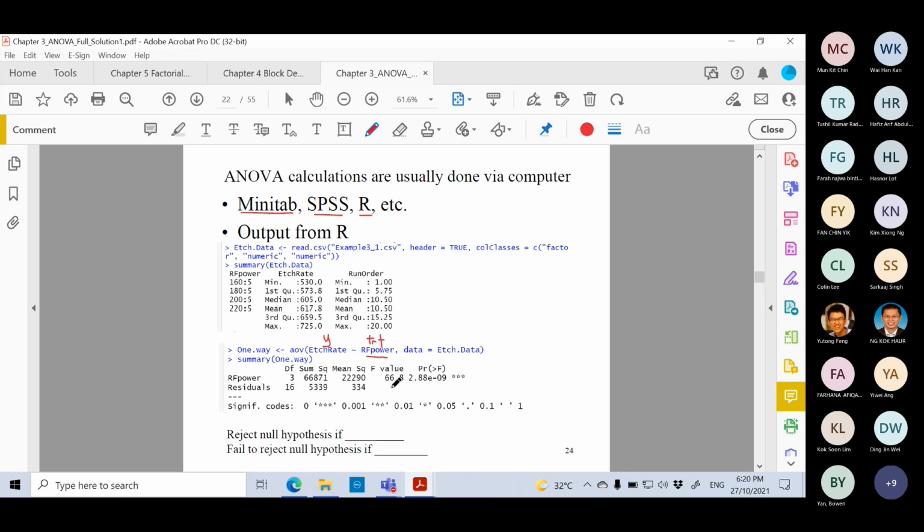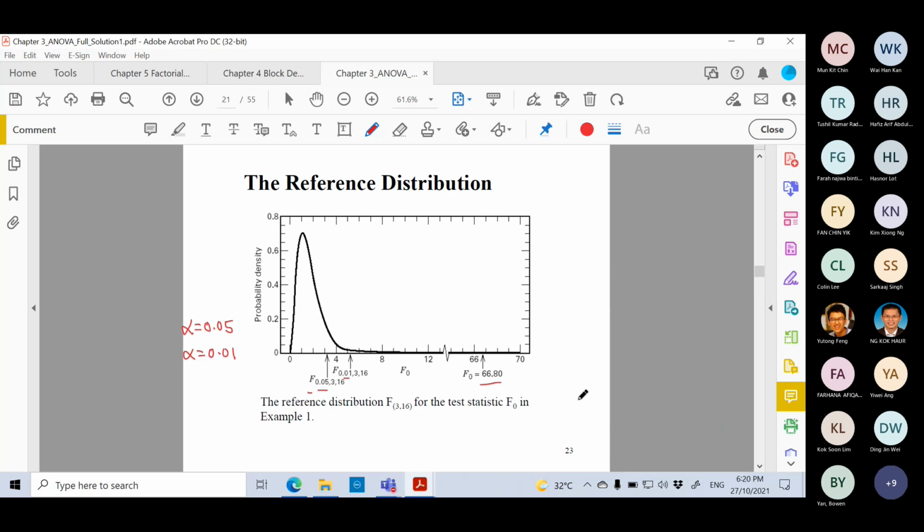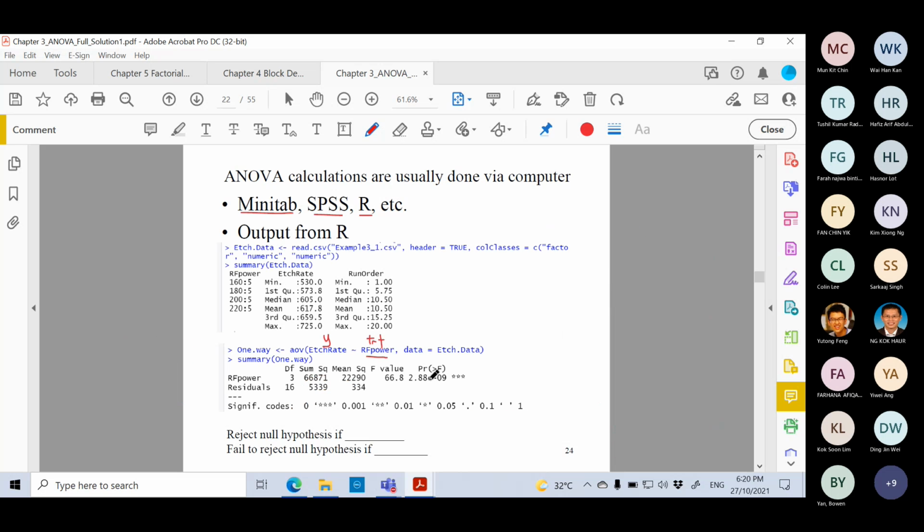If you do it manually, this one is here. Okay, so you can see that the exact P value is 2.8 times 10 to the power minus 9. But in the textbook, they just show you that the P value is less than 0.01. They don't give you the exact value. But here they give you the value, where it's here.